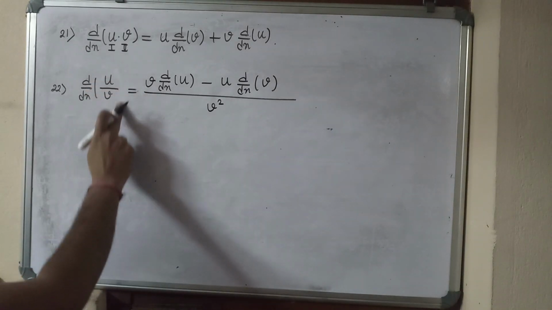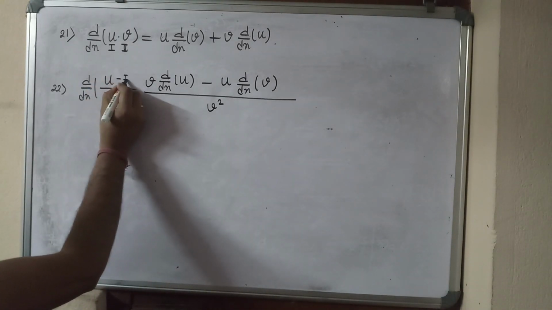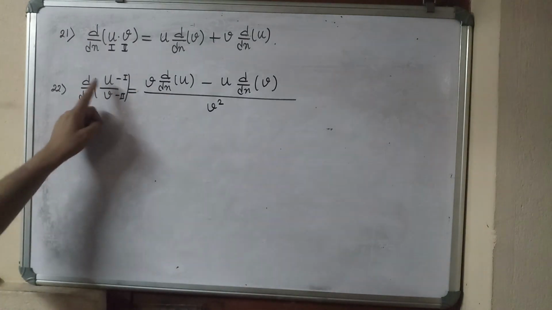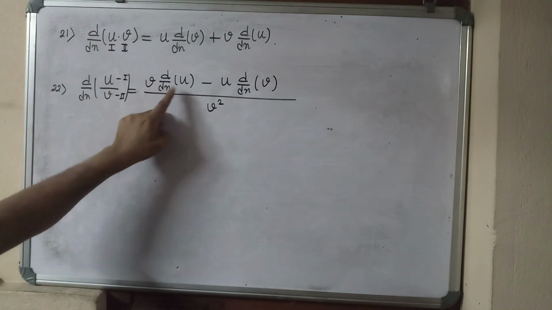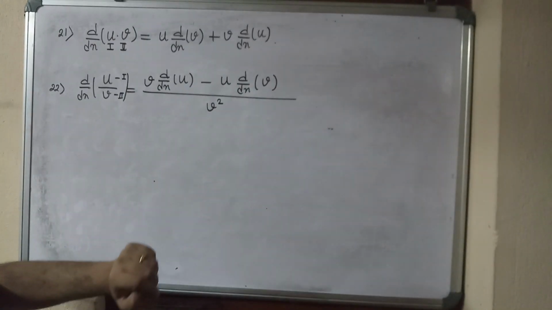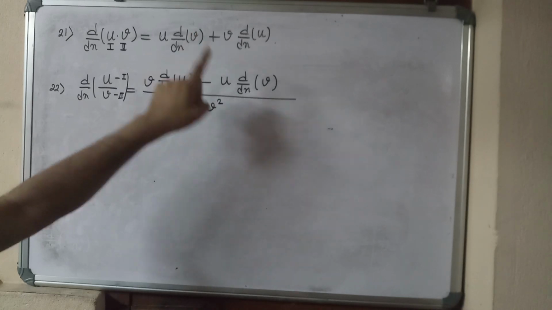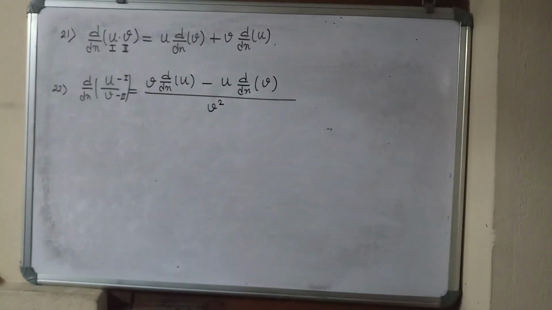And for u upon v, it is v dy dx of u minus u dy dx of v, over v square, or second into derivative of first minus first into derivative of second, over second square.